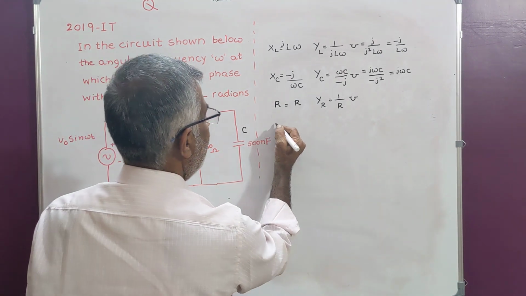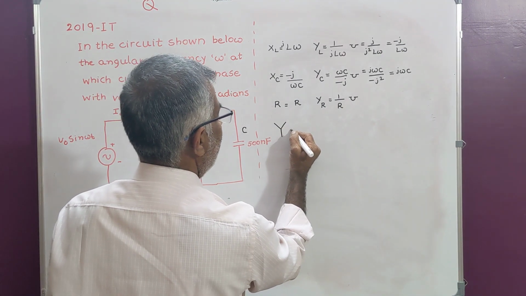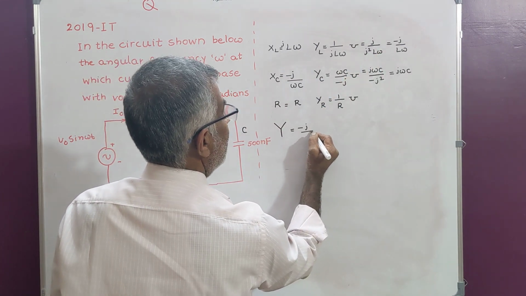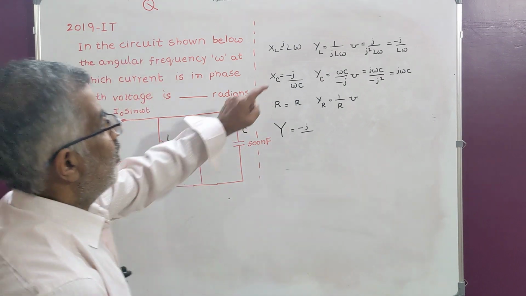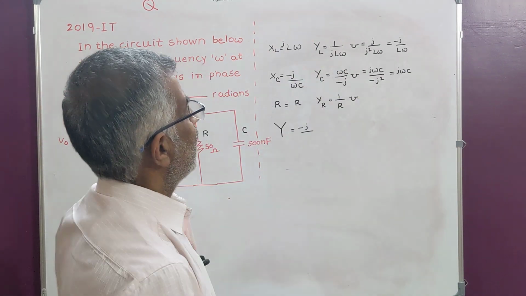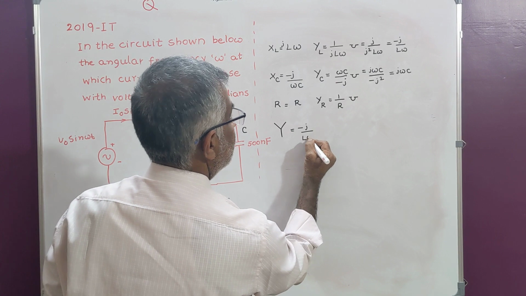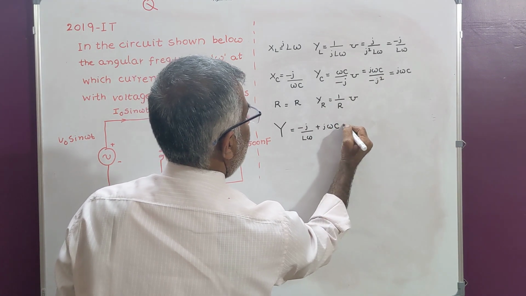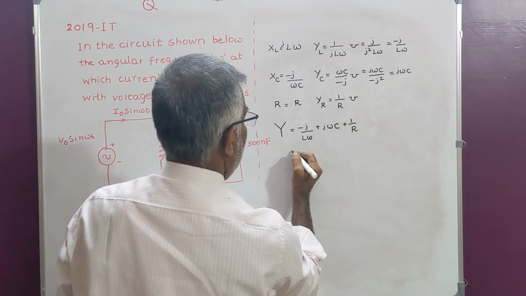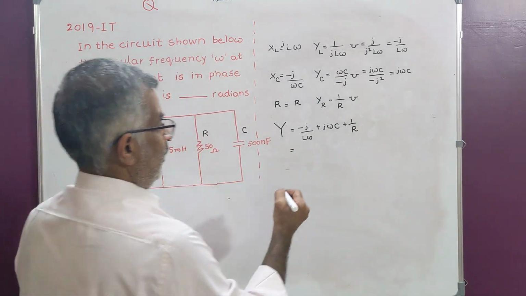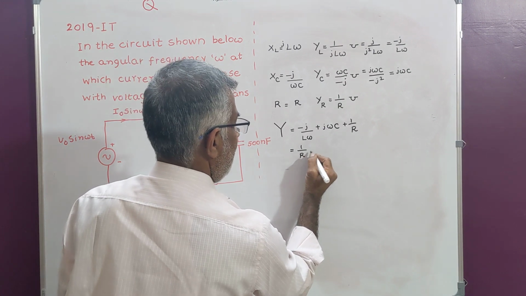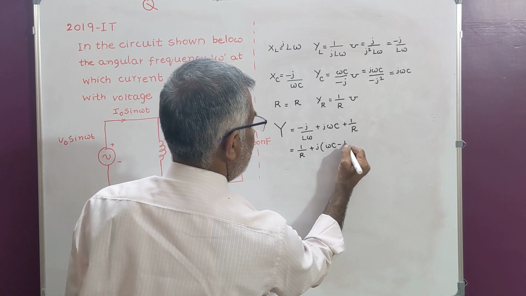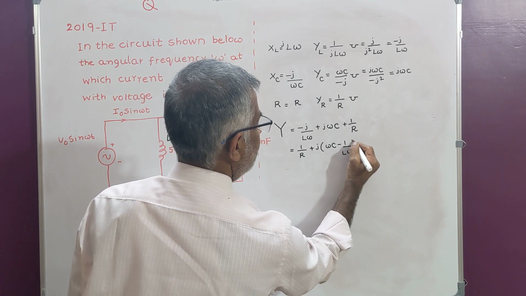Now what is the net admittance? Net admittance equals minus j by L omega plus j omega C plus 1 by R, which equals 1 by R plus j into omega C minus 1 by L omega.